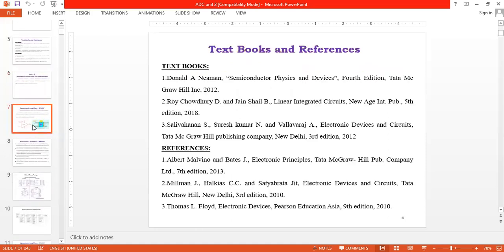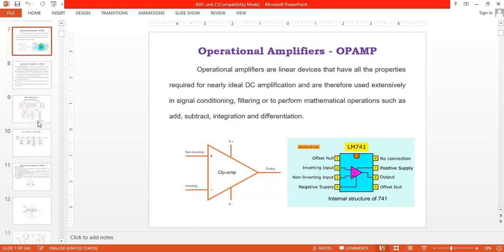So let's see first, what is an operational amplifier? Operational amplifiers are linear devices that have all the properties required for nearly ideal DC amplification and are therefore used extensively in signal conditioning, filtering, and to perform mathematical operations such as add, subtract, integration, and differentiation.